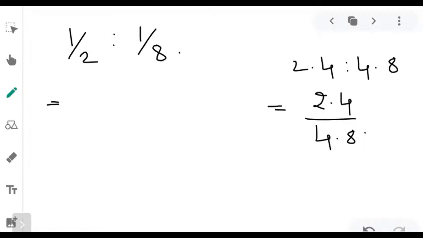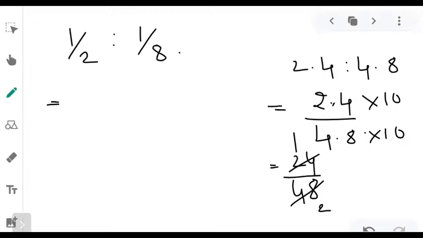Remove the decimal. How to remove the decimal? Multiply both numerator and denominator by 10. 24 ones, 24 twos. So I want to write it like 1 is to 2. This is my simplest form.